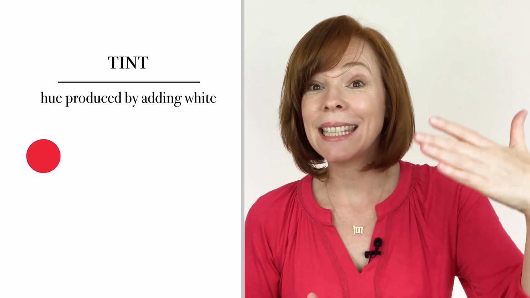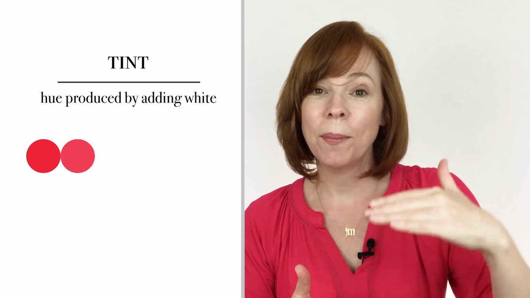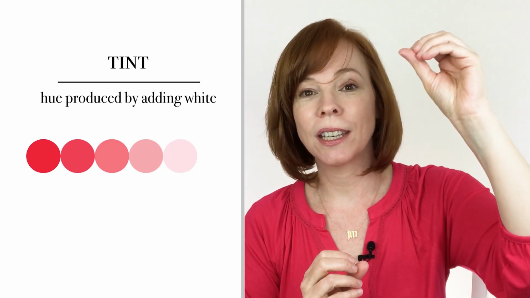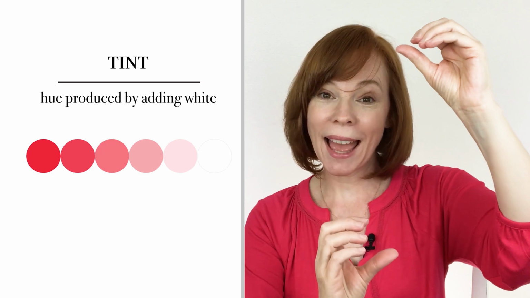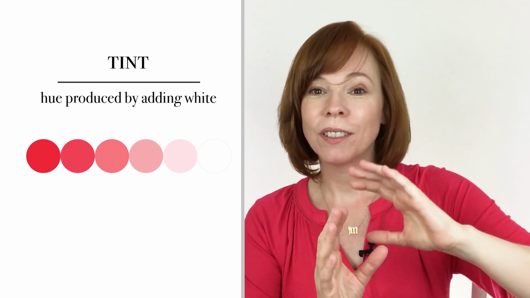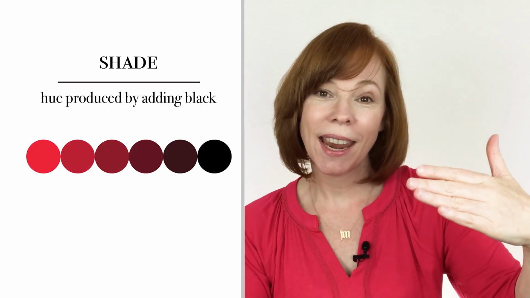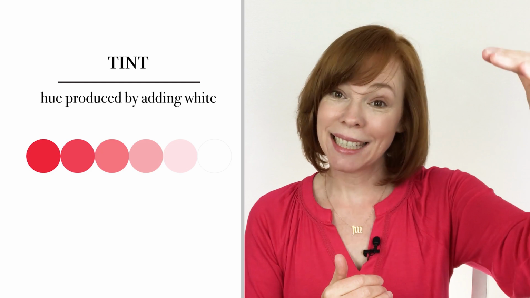Now on the opposite version of that, if white is added to a color, then we get a tint of that color. So it can become lighter. So we can take a real intense pure red and turn that into a pink, a really lighter version of that hue of red. By adding white, you start to get a shade or a tint of that color. So if you add black, it's a shade. If you add white, it's a tint.